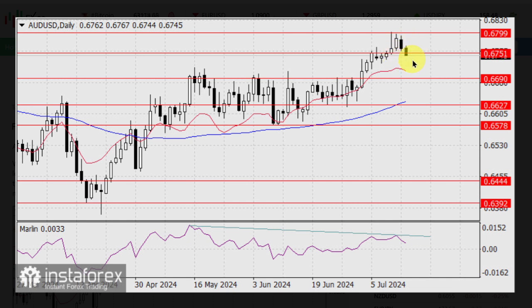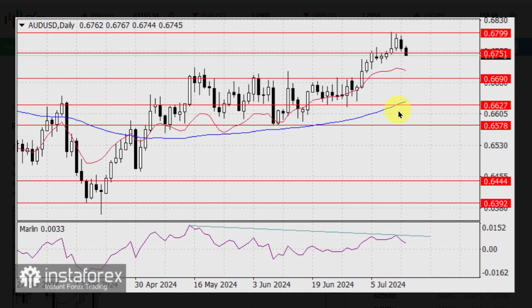The new target is 0.6690. The MACD line has already reached the level of 0.6627, and the second key target could be found somewhere around this area.